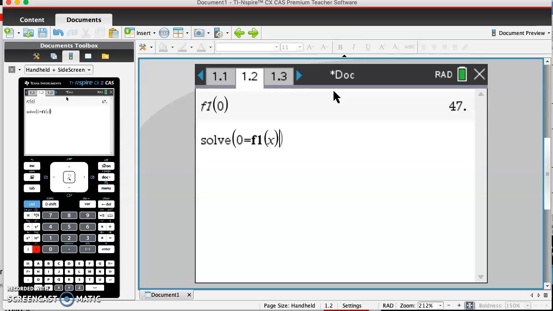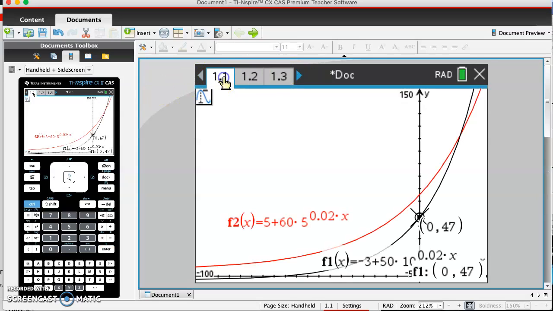And I want to solve it for x, so I put a comma x. So to figure out the x-intercept, that's what I type in. When does the function number 1 have a value of 0? Tell me what x value makes that true. And it tells me negative 61.09. I'll go back to my graph page.